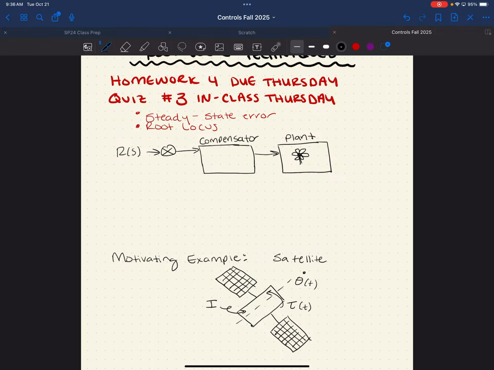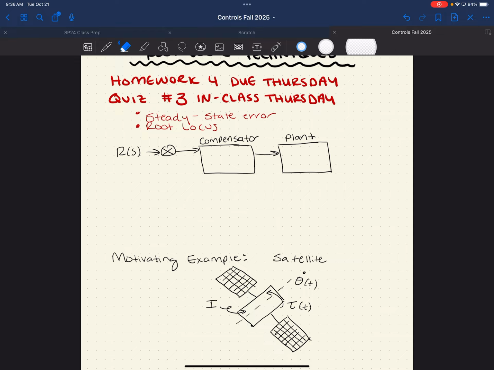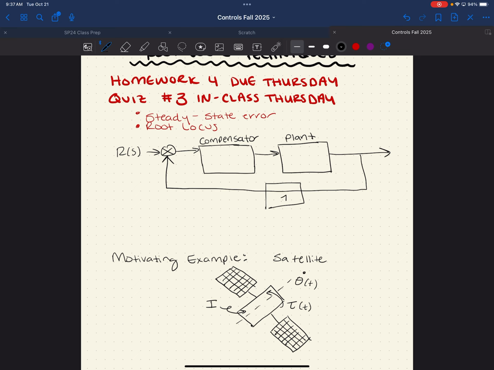Right, but a dynamical system that describes the physics of what we're trying to control. And why am I not drawing a block on the feedback loop? It's unity feedback. So we are, in essence, assuming there is a block here, but the value within that block is a 1. This is a plus, this is a minus, this is my output C of S.